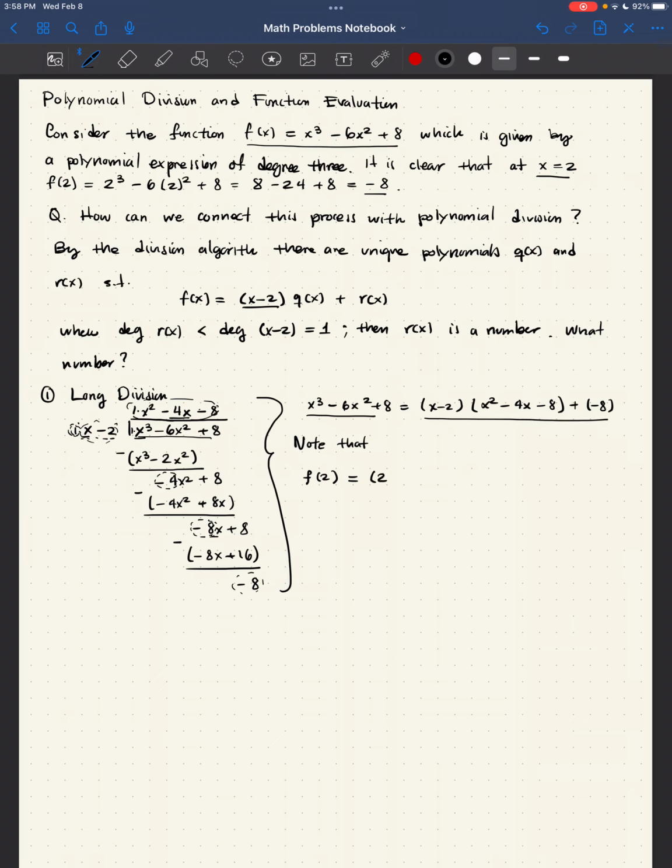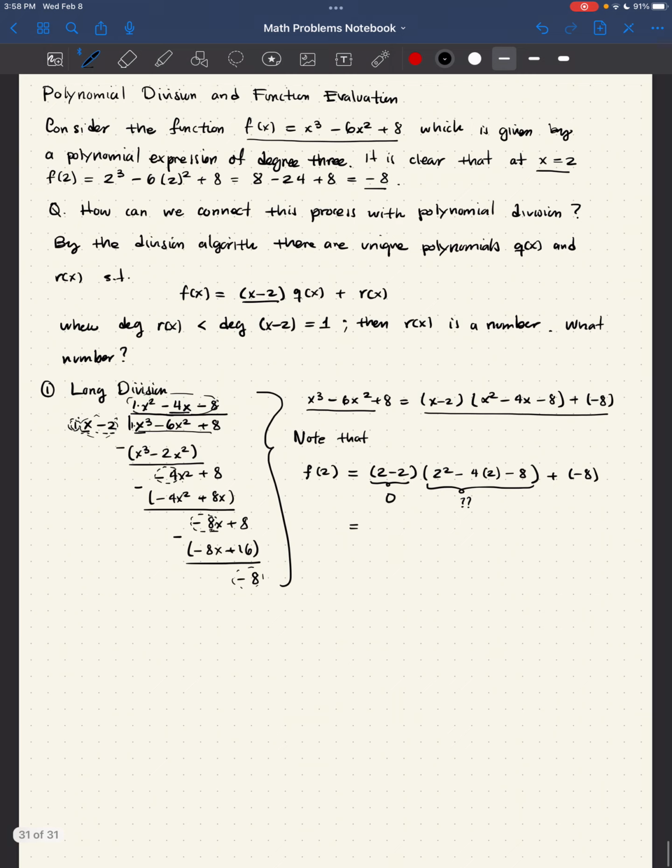So now we have 2 minus 2 times 2 squared minus 4 times 2 minus 8 plus negative 8. Of course, we don't even have to worry about this value. Who cares what it is? Because we know this is 0, and 0 times anything is just 0. So that saves us a lot of computations. And this indicates that this has to be simply negative 8.